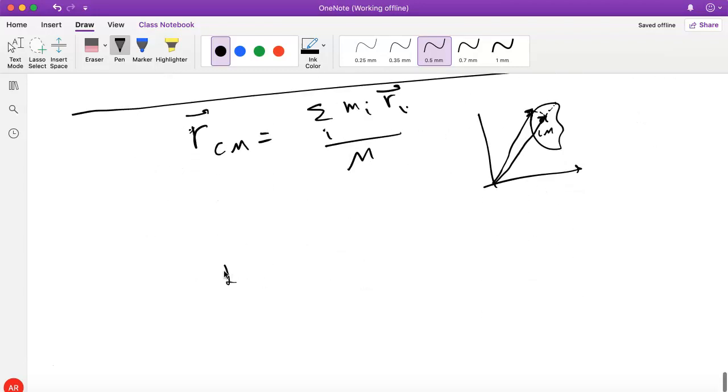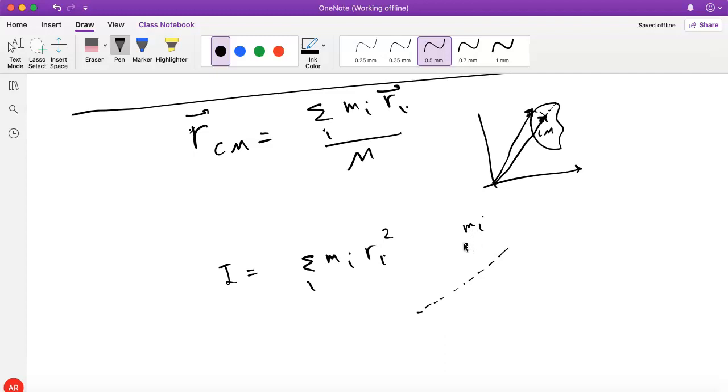Moment of inertia, on the other hand, is a scalar, right? There is no vectorial thing. The r squared is just the length squared. It's the length of the line connecting the point to an axis. So we have an axis, first of all. It's defined with respect to that axis, and then we have M1 here.